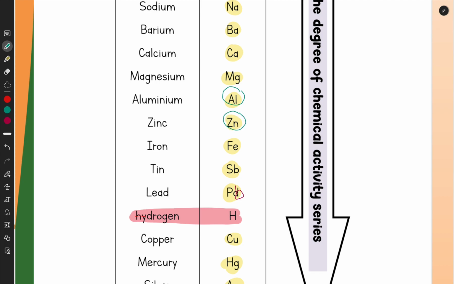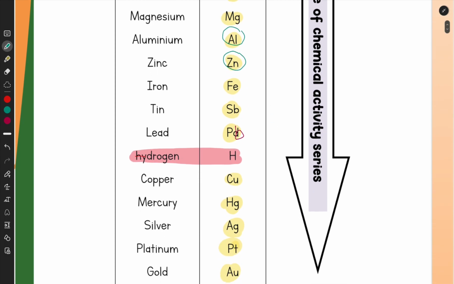Which is stronger than the other? Of course, aluminum. So by logic, aluminum will react faster than zinc in the chemical substitution reaction. But in this case, what will happen? We found that zinc will react faster than aluminum.